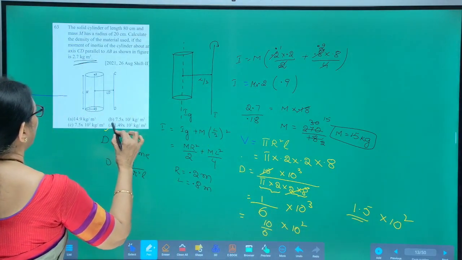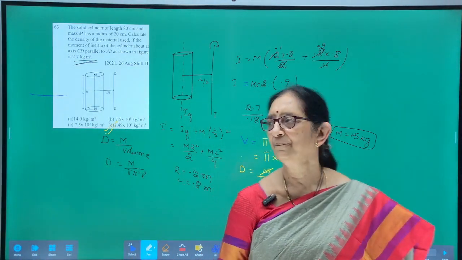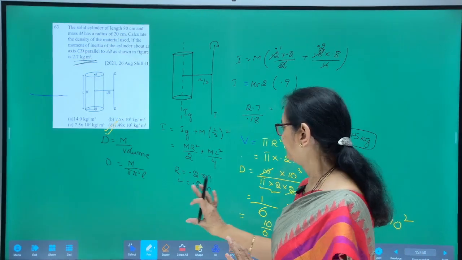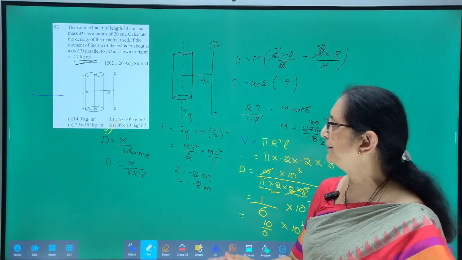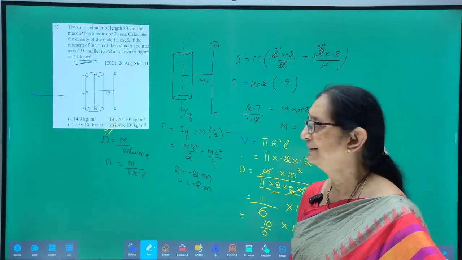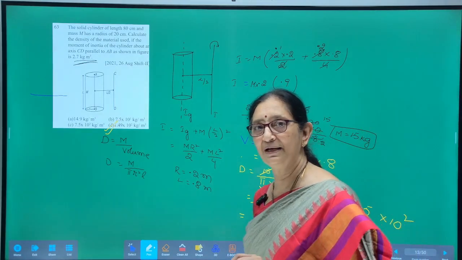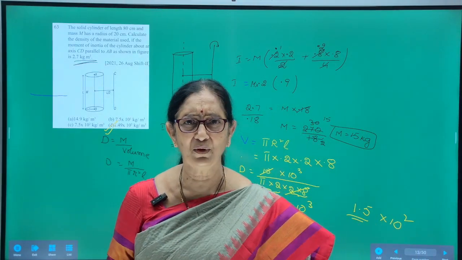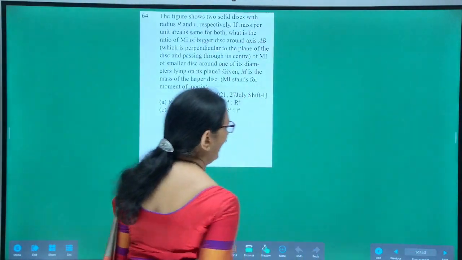If you do it perfectly, we are getting it as 1.49 into 10 to the power of 2. So, here from this you can do the approximation, because you just look at the options, they are very apart. So, in that case you should not waste too much time in doing the calculation too accurate, because approximately also we can arrive at the answer.